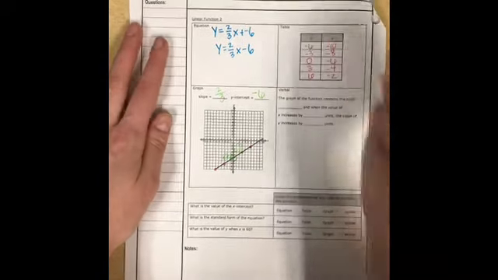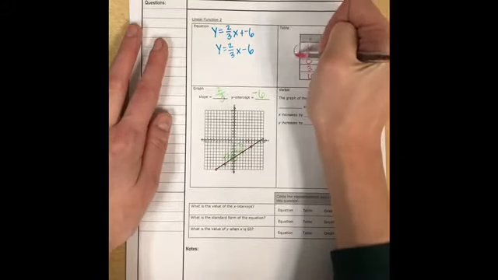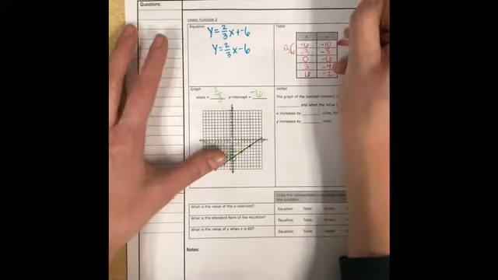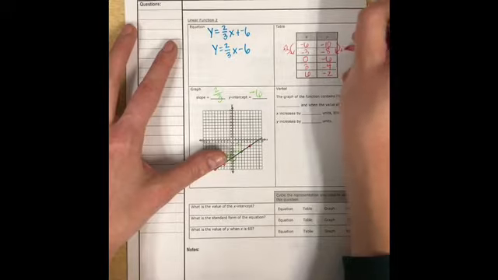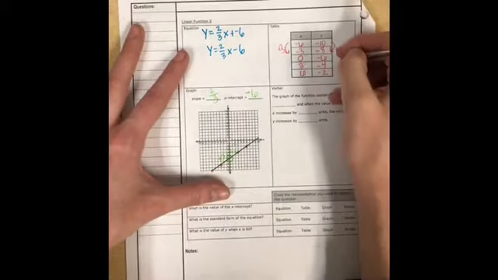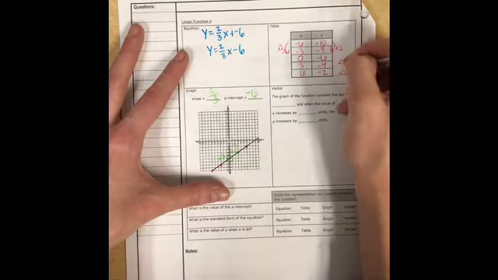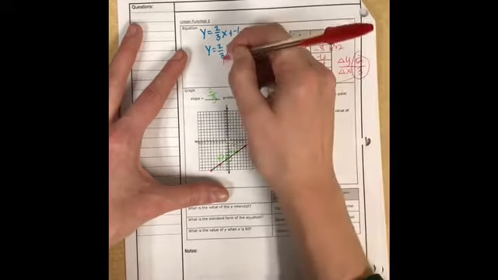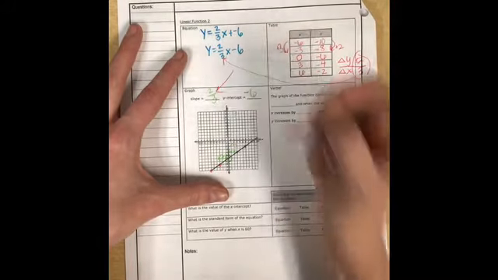If I notice, this is increasing by 3, this is increasing by 2. So that idea of my change in y over my change in x, I get positive 2 over 3, which matches here and it matches here.